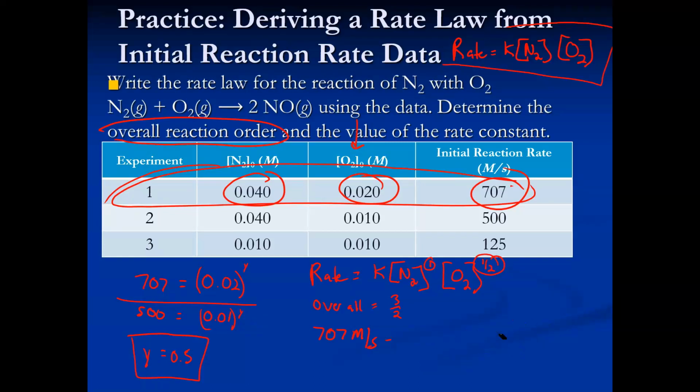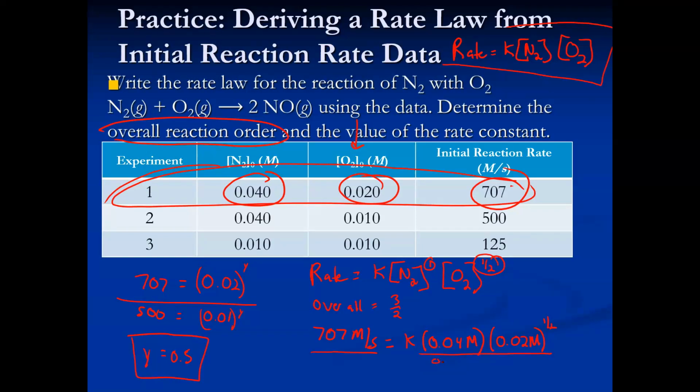I did not mean to erase everything, but I want my units in here so you can see them in the end. So K times 0.04 molar times 0.02 molar to the 1/2, just so you can see how these units work out in the end. And then we plug all of this in, and so we divide by all this here.